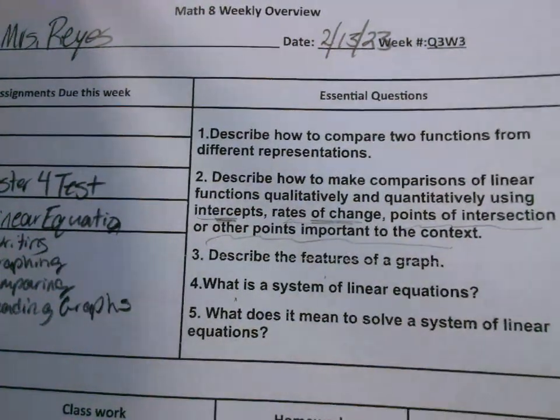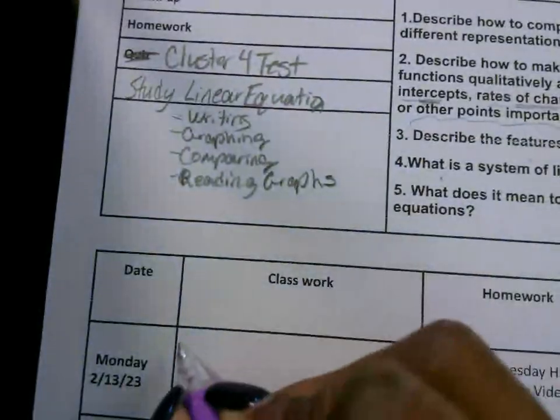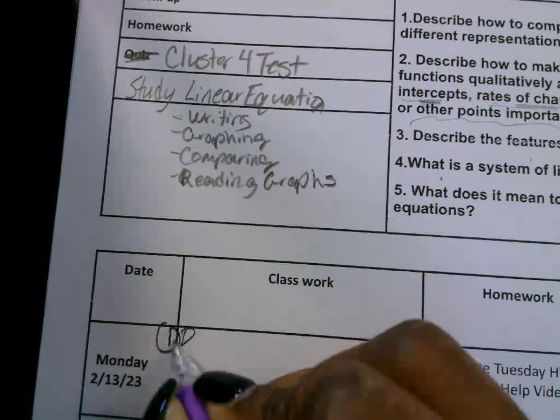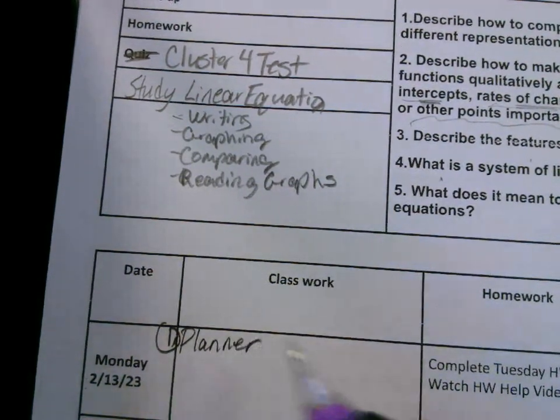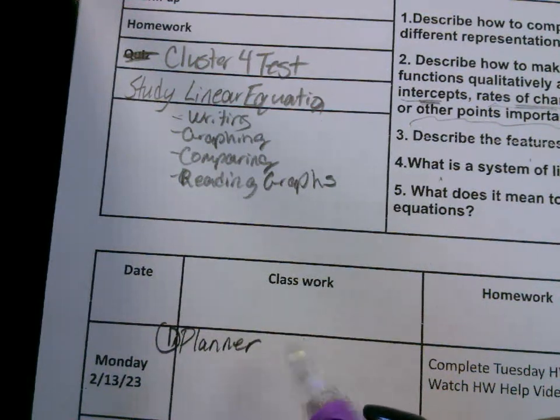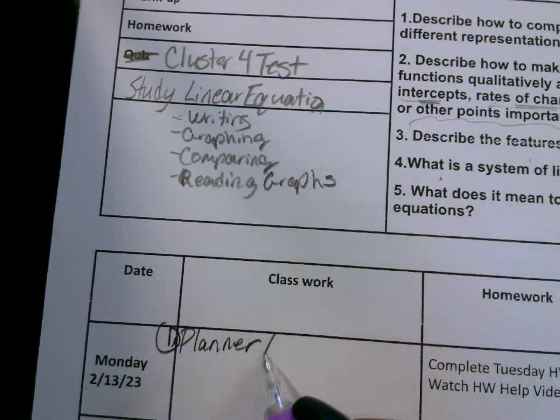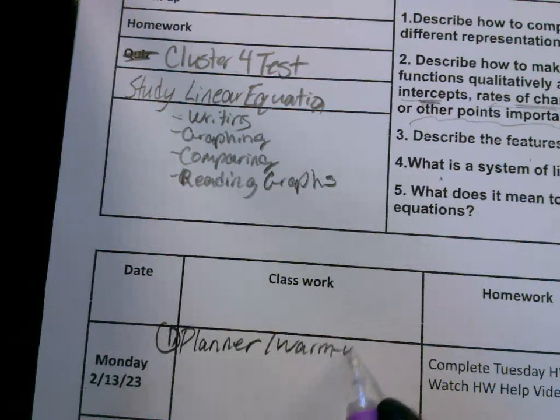Our agenda is on the side board. We're going to write in our planner. You get 10 points added to your assessment at the end of the week for having your planner filled out, okay? So make sure that you write daily what your homework is. We're going to complete the warm-up. We're going to do the warm-up together.